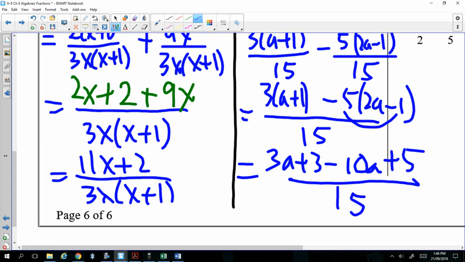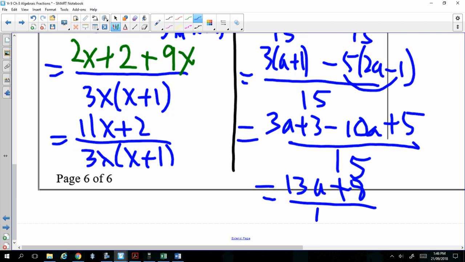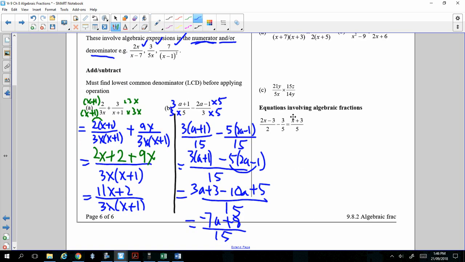So the answer is negative 7a plus 8 over 15. Yes, 3 minus 10 is negative 7. Well done.